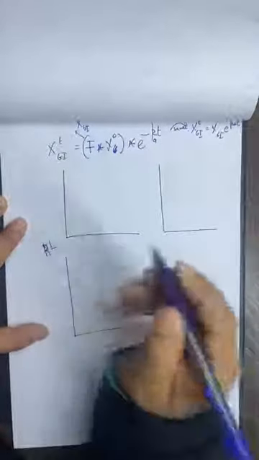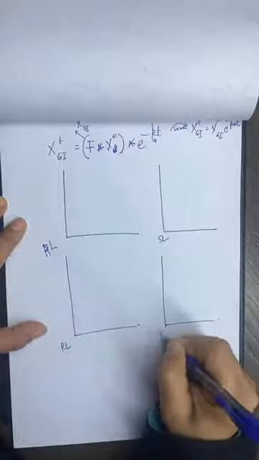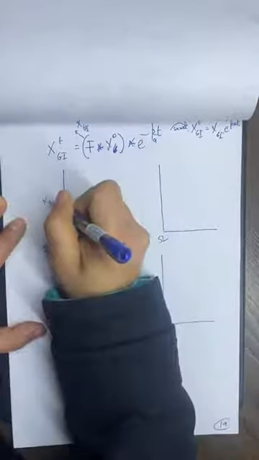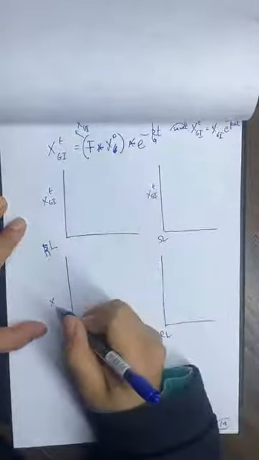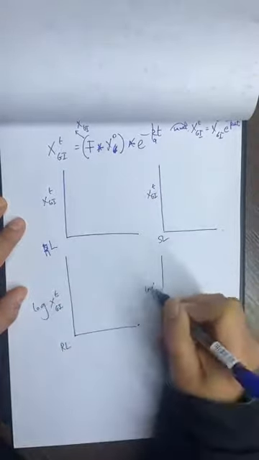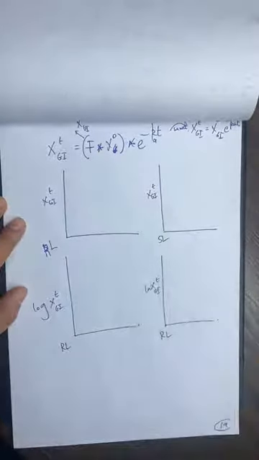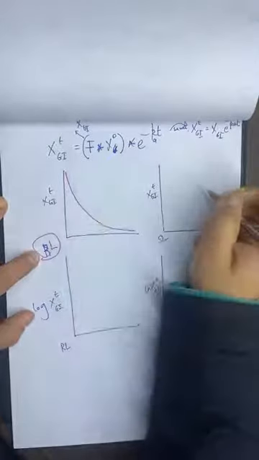I think I wrote this already, but it's fine: XGI at certain time, log XGI at certain time, and ln XGI at certain time. We said that according to this, it will be an exponential on rectilinear.